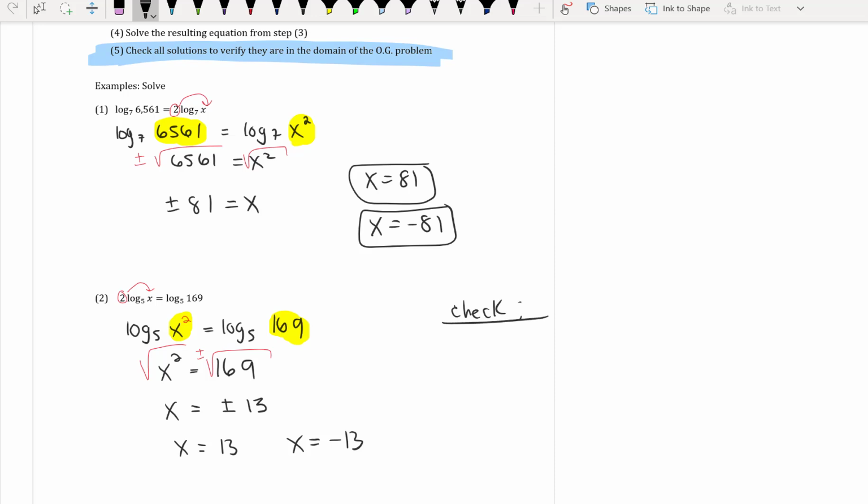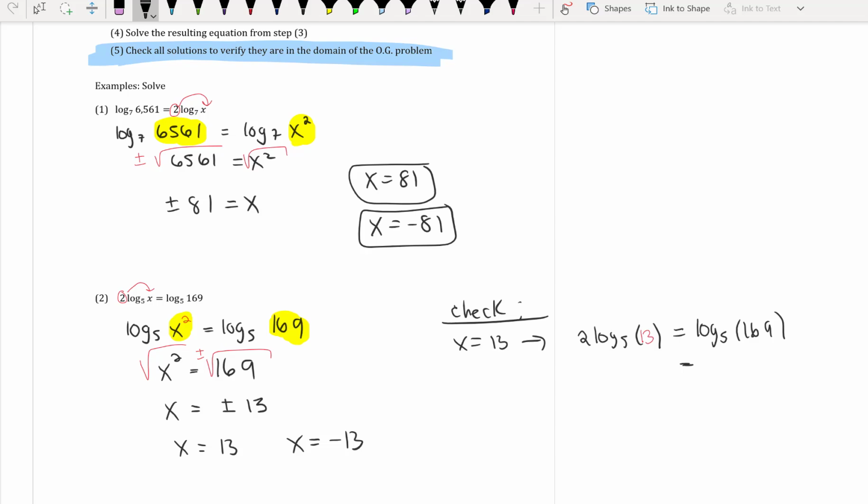So let's check for x is equal to 13. So I'm going to have 2 log base 5, and what I'm plugging in here is going to be a positive 13. Let's see what that is equal to. We think that it's going to be equal to the same thing as log base 5 of 169.